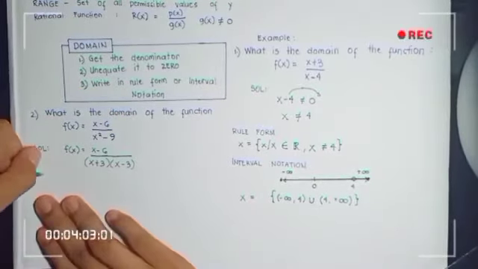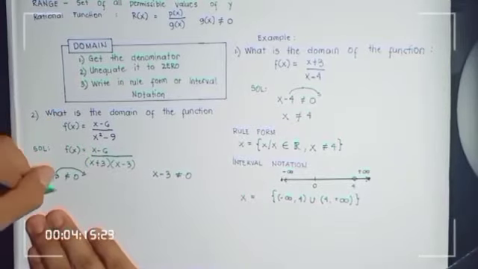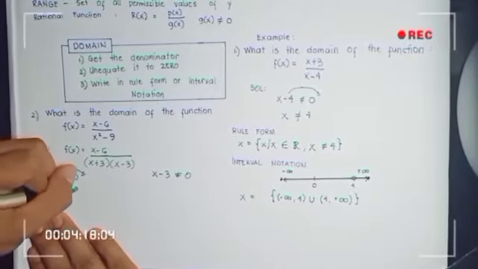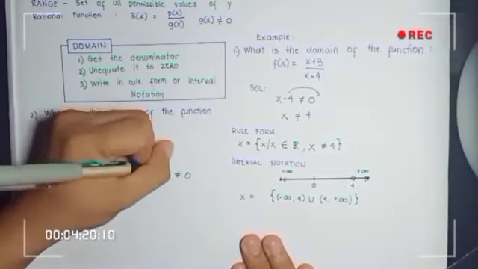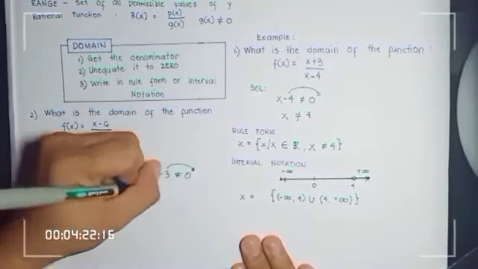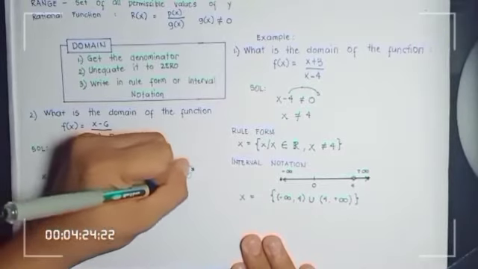Again, getting the denominator, we have x plus 3 unequal to 0 and x minus 3 unequal to 0. Transposing, we have x is not equal to negative 3 and x is not equal to positive 3.